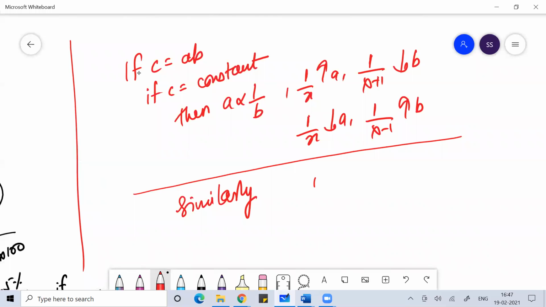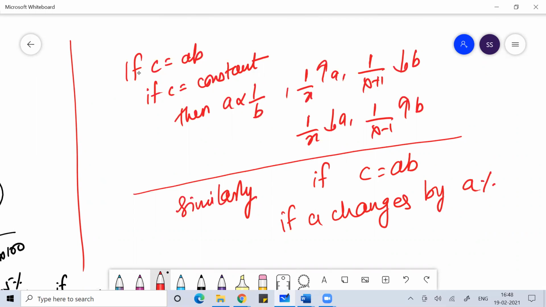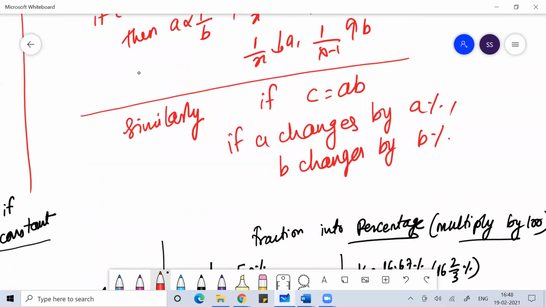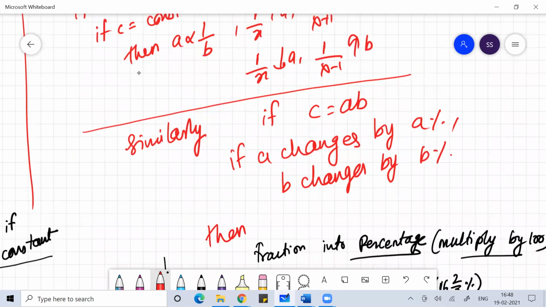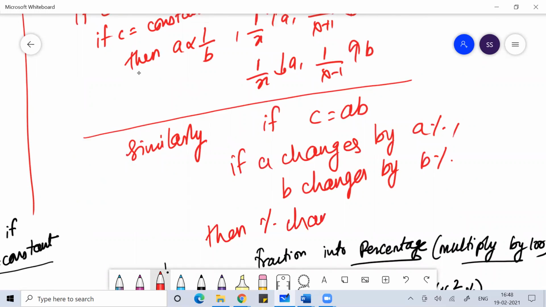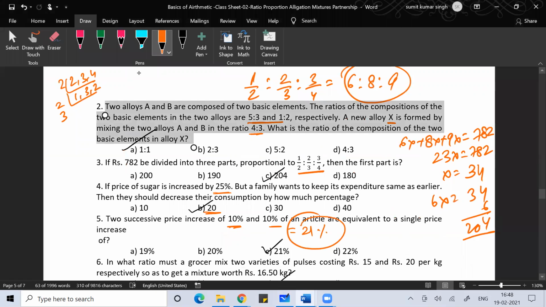remember that if C is equal to A into B, and if A changes by a percent, and B changes by b percent, then the percentage change in C is equal to a percent plus b percent plus ab by 100 percent.